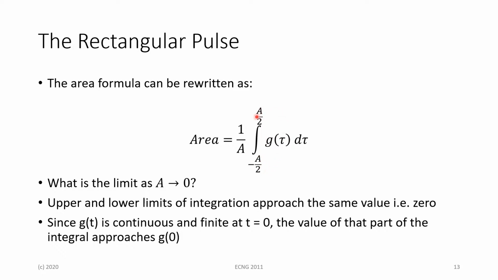Then we can evaluate the integral by using a first principle operation, where we say the limit as A tends towards 0. Because the upper and lower limits of the integration approach the same value, being 0 in this case, and because g of t is continuous and finite at t equals 0, the value there is going to approach g of 0.